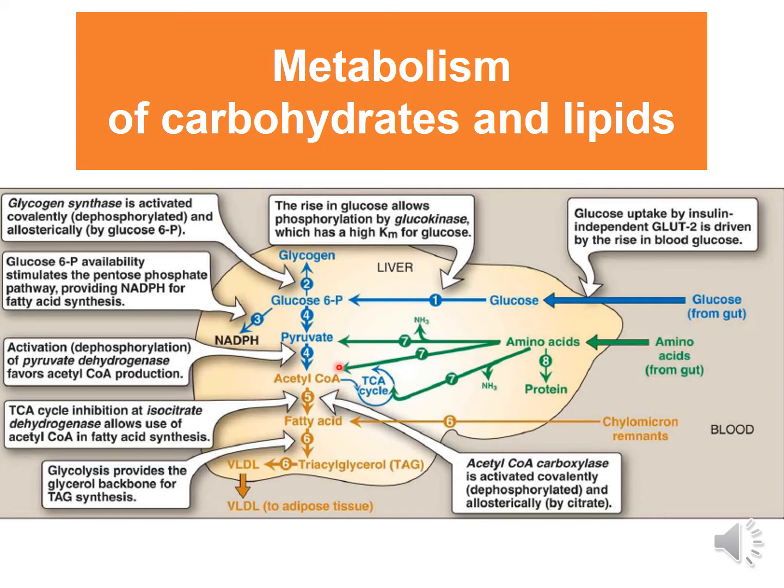TCA cycle inhibition at isocitrate dehydrogenase allows use of acetyl-CoA in fatty acid synthesis, and glycolysis also provides the glycerol backbone for triacylglycerol synthesis. And acetyl-CoA carboxylase is activated covalently, by dephosphorylation, and allosterically as well.